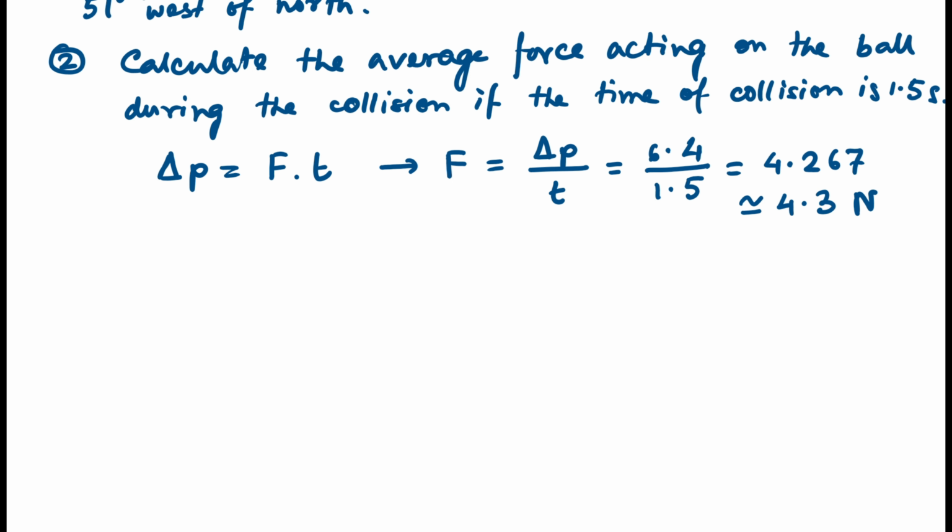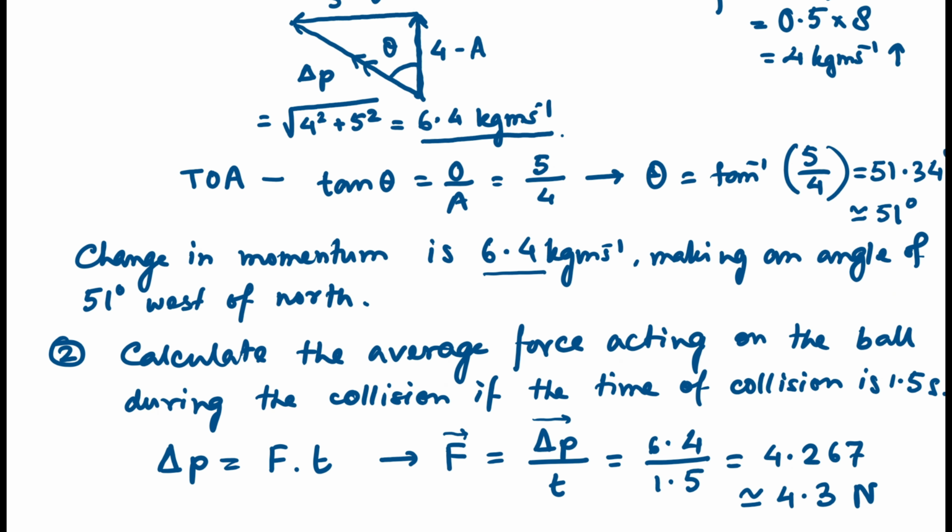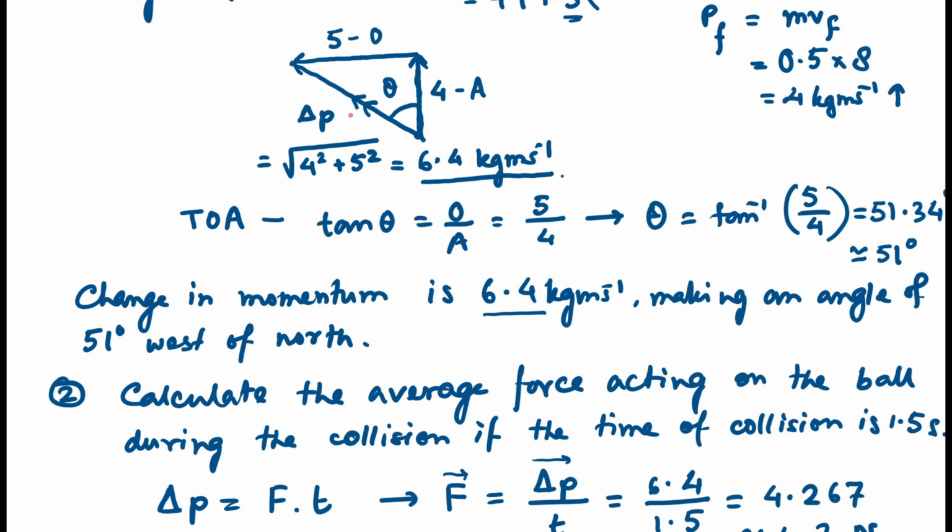And what about the direction of the force? The direction of the force should be the same direction as the momentum. So you can see from here the direction of the force, because force is a vector over here, is the same direction as the change in momentum. So if you remember from our calculation earlier, the change in momentum was in this direction over here.